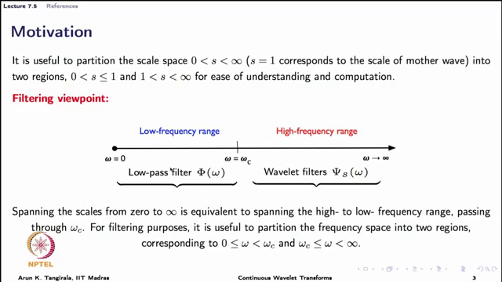Now, obviously, we know that signals when passed through a low pass filter produce what is known as an approximation. That is, you filter out the high frequency components, the ones that change very fast or relatively very fast from sample to sample. In other words, we are leaving out the details and only retaining the approximate part of the signal, right. So, that is the functional analysis viewpoint that we take next.